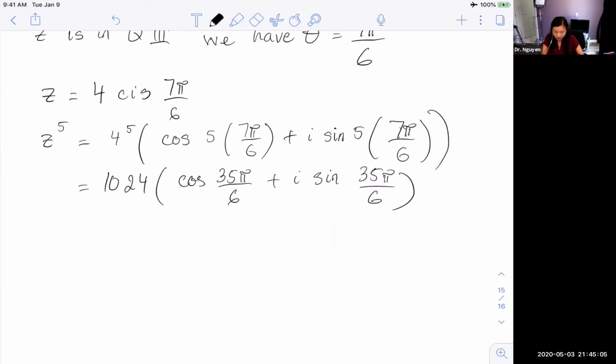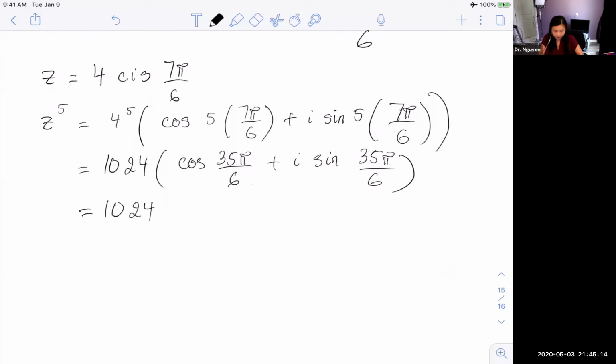Okay, we can definitely find the coterminal angle. In this case it is 11 pi over 6. You can subtract 2 pi, and you'll get that.